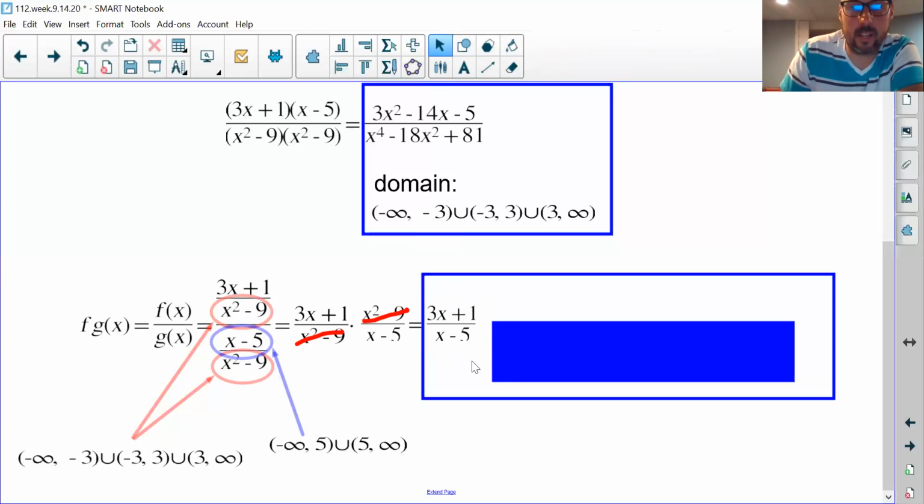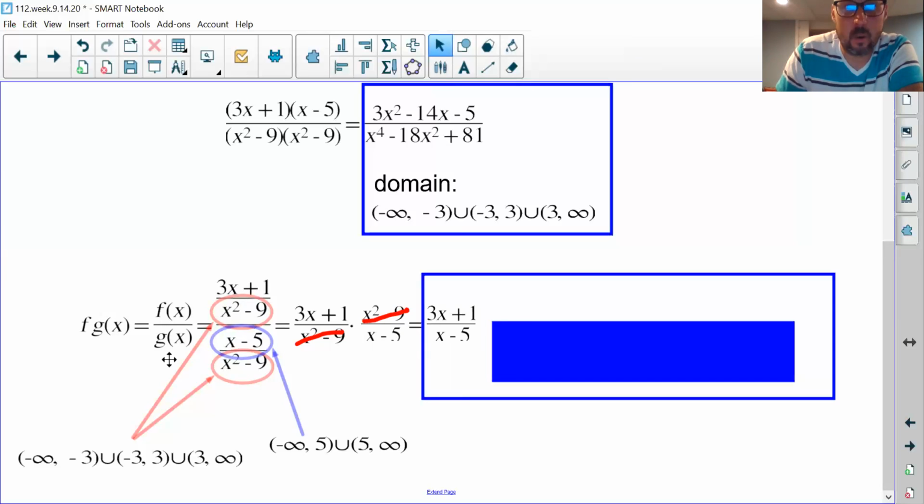Now here is a great example, because just by looking at this fraction, you would think, oh, the domain is all real except for 5, because 5 is the only problem. But that is a mistake. You have to respect where this came from. This is the result of two functions being divided.